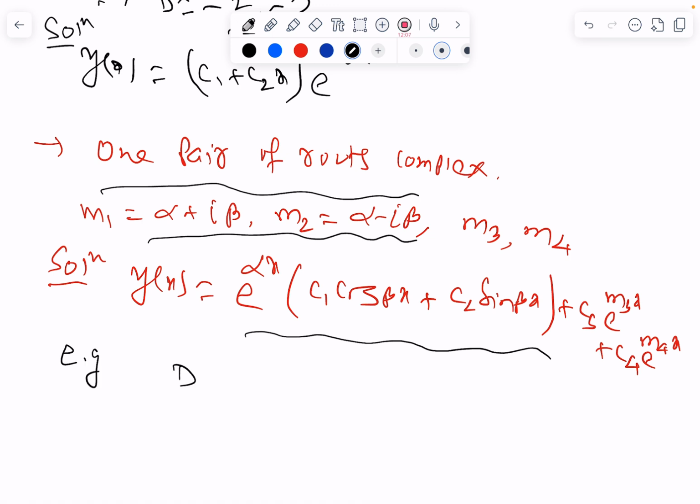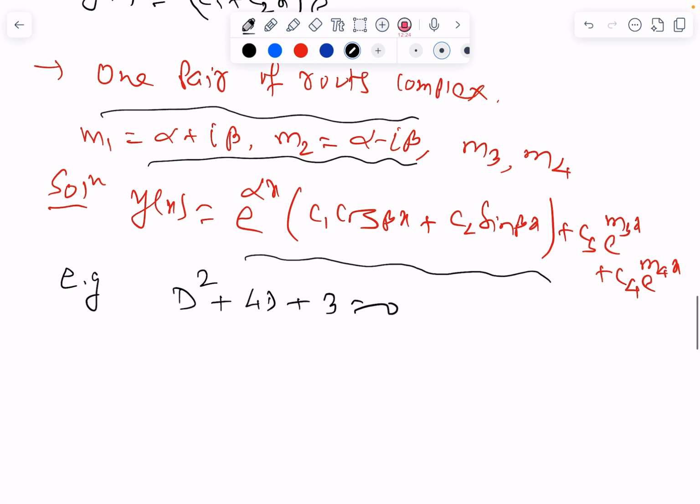Like say D square plus 4D plus 3 equal to 0, suppose. So what are the roots here?